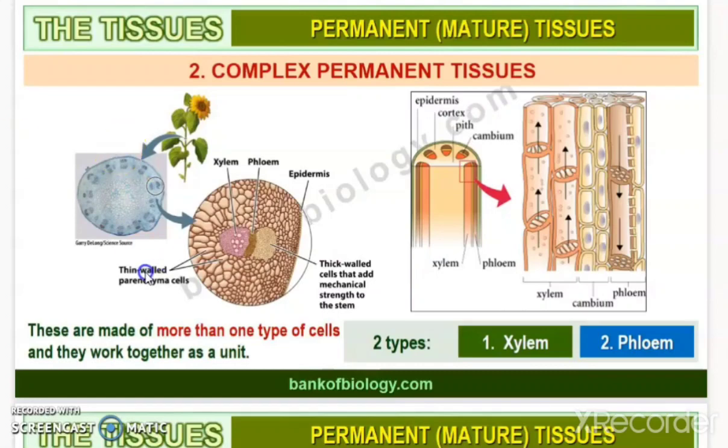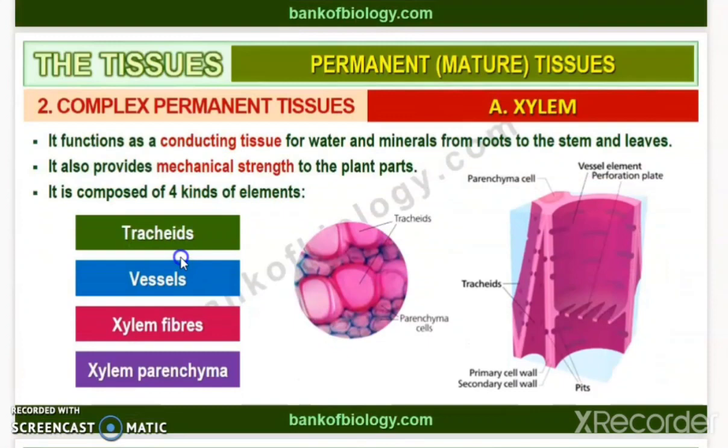Okay, so xylem and phloem constitute the complex tissue in plants. Now let us learn about xylem. Okay, so what is xylem? Its main function is helping in the conduction of water and minerals from roots to stem and leaf. So it functions as a conducting tissue. For what? It helps in conducting water and minerals from the root to the stem. We know that the root is the portion which absorbs water and minerals, right?